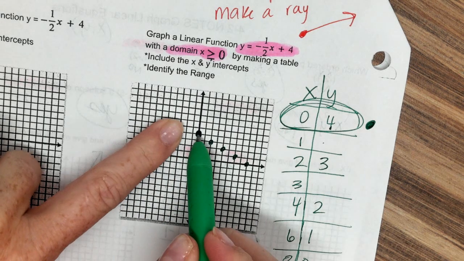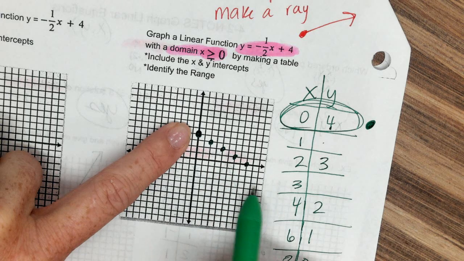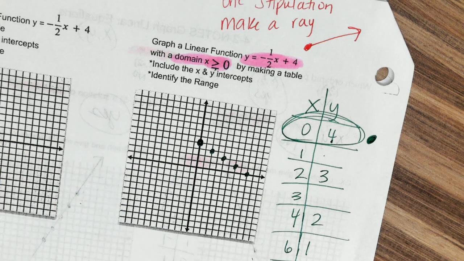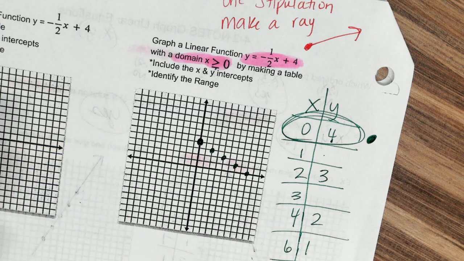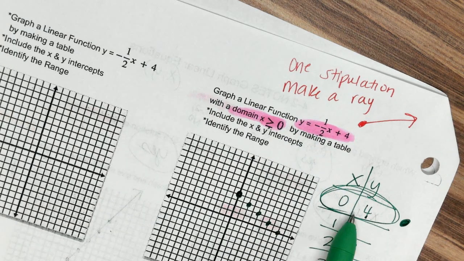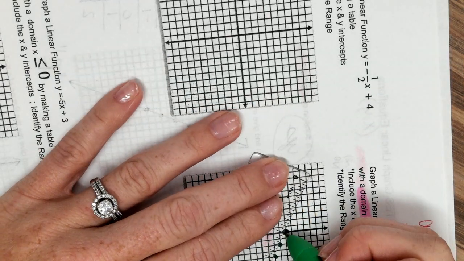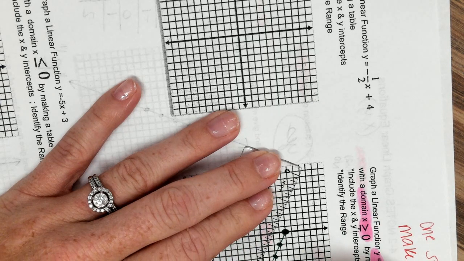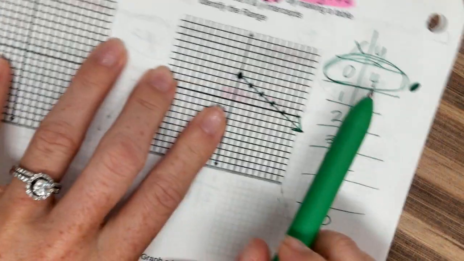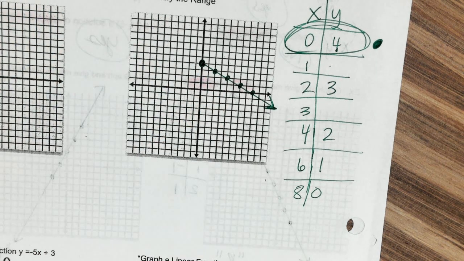But I know my pencil's going to start here and my ray is going to go this way with my arrow coming down. Because here's where students have issues. They graph it, and then they think the ray is going to go this way. No, it has to start here. Make sense? So I start there, and my ray looks like this. That's why I told y'all graph this spot first, and just remember that's where you're going to start your ray.